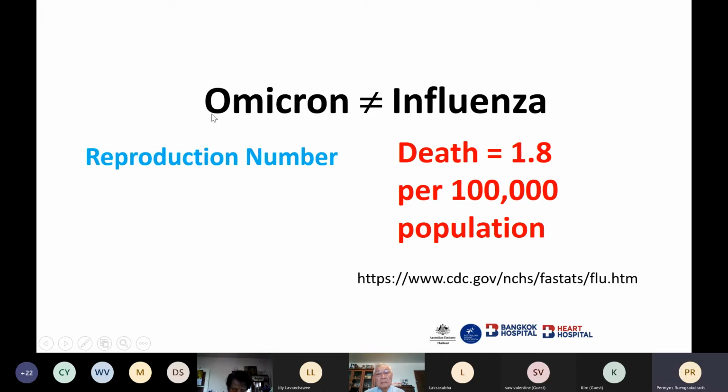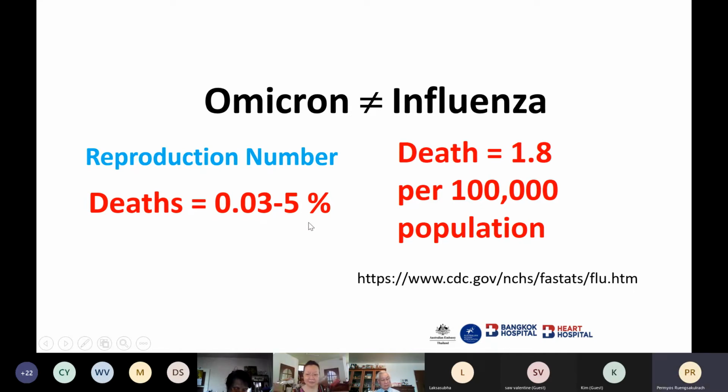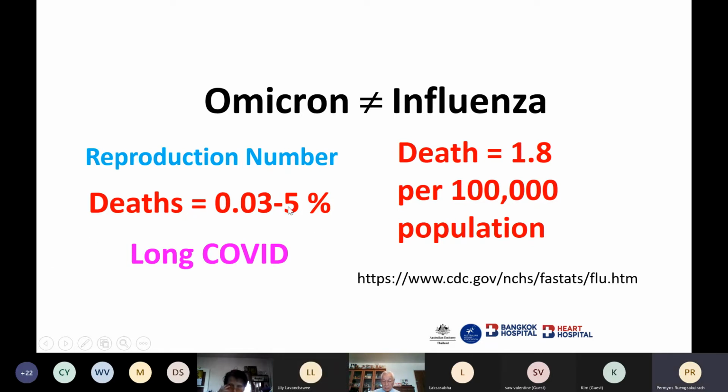But the Omicron spread transmission is faster because the reproduction number is higher. The death depends on where you live. It can vary from 0.03 to 5% mortality. And you still have a chance to get the long COVID. It's different from influenza.